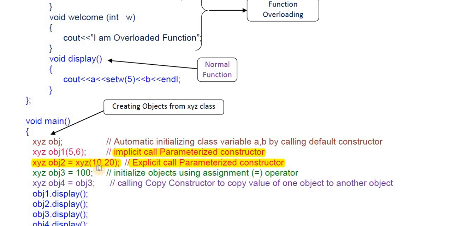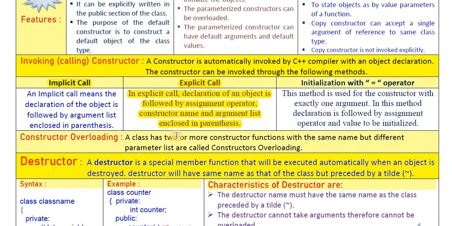But in an explicit call, we are using the name of the constructor and values in parentheses. So this is about the explicit call.